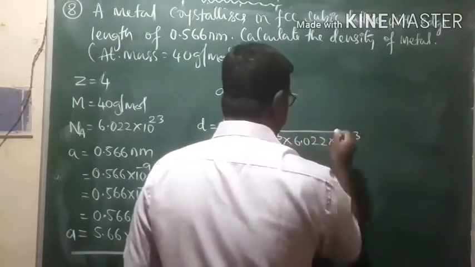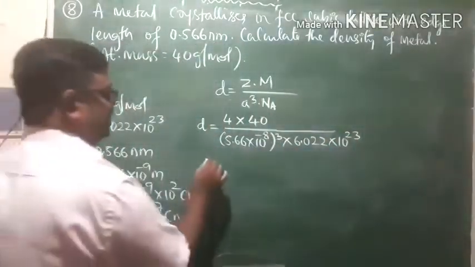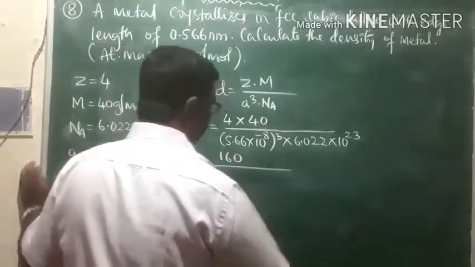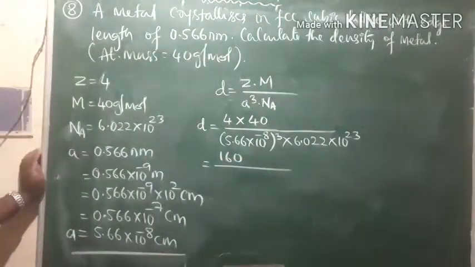This is what we call the Avogadro number. The numerator is around 160.